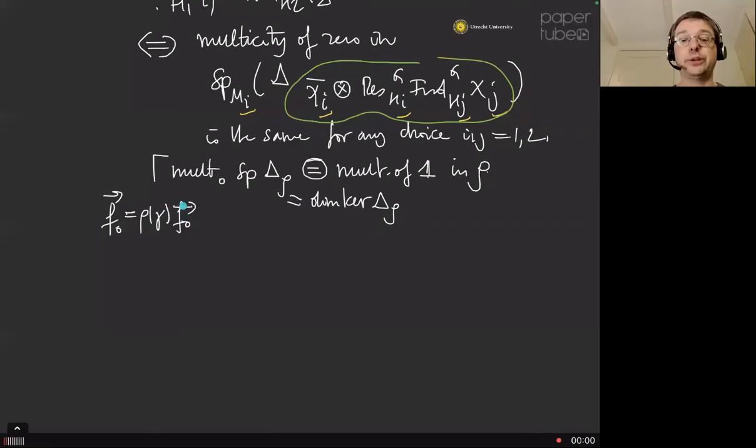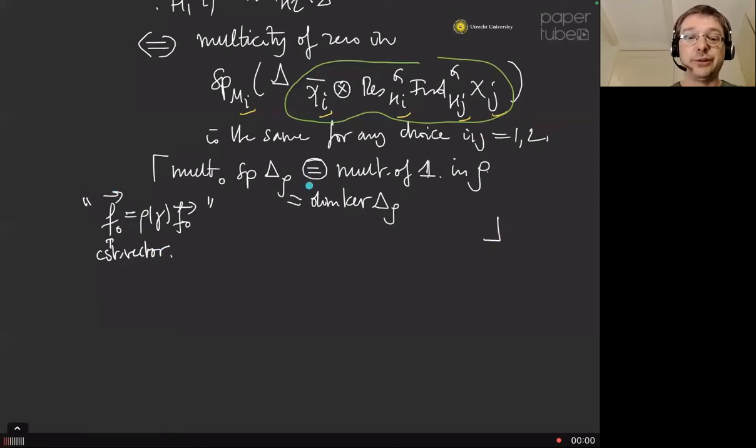Because this is what we're computing in the space. So this is the actual kernel of the twisted Laplacian. The dimension is the number of vectors that satisfy this. Now you can get to the multiplicity of the unit representation from this kind of equation, if there's a constant vector here. So this is a very quick reasoning for why you could believe this.